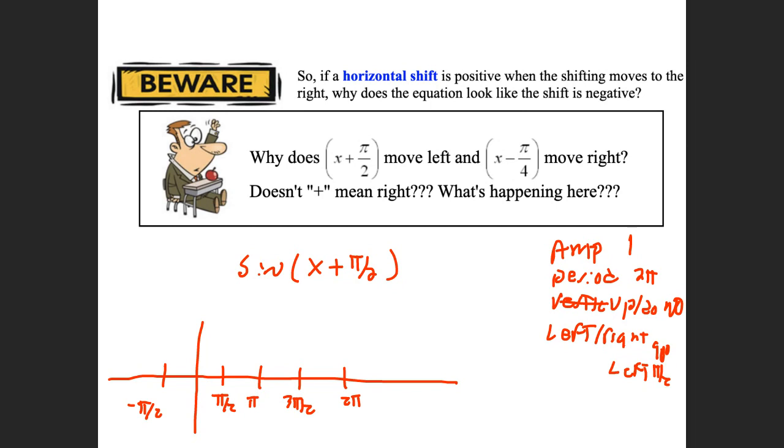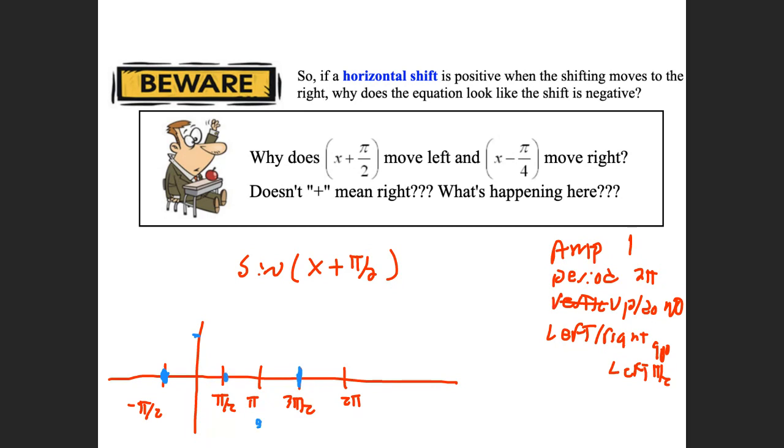The sine function starts at 0, so I am going to start at 0 here. The period's 2 pi. I'm not going to go way over to here, because if I start here and go to here, that's 2 pi, because 90, 180, 270, 360. So I start here. My amplitude is 1, so I go up to 1, down, down, back up.